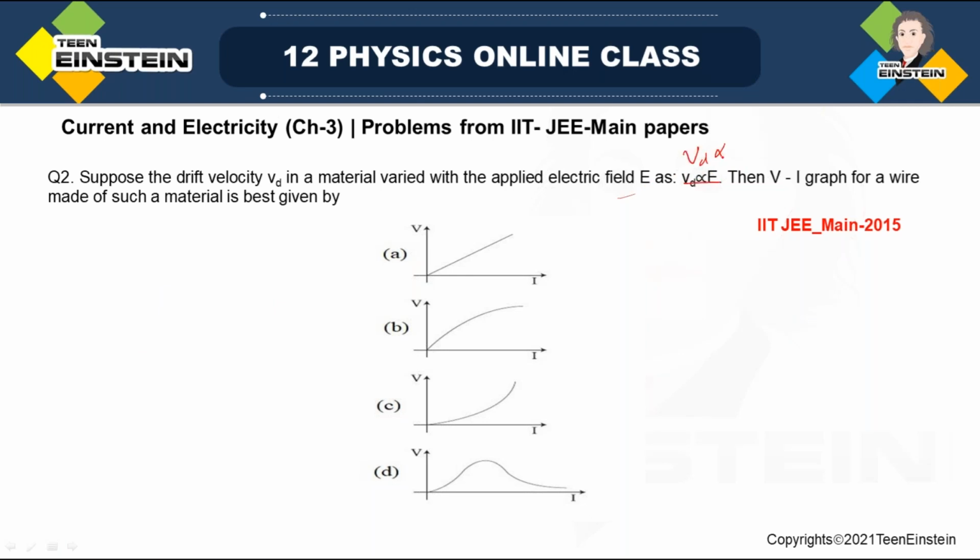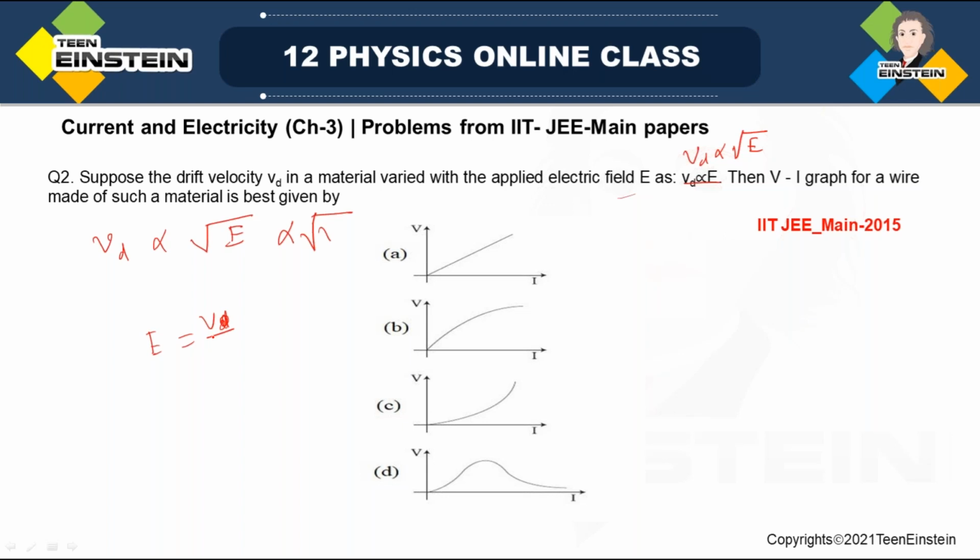So Vd is directly proportional to square root of E. This means it is directly proportional to the potential also, because E and V have almost the same dimension, because we know E is equal to V by d, potential difference by distance.